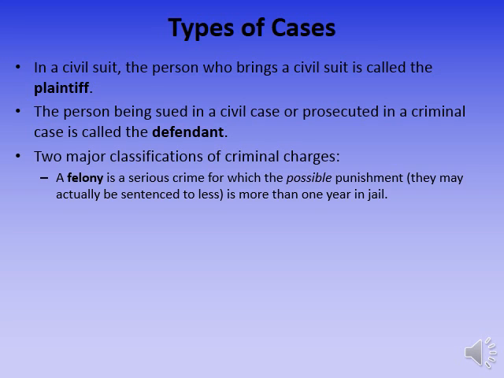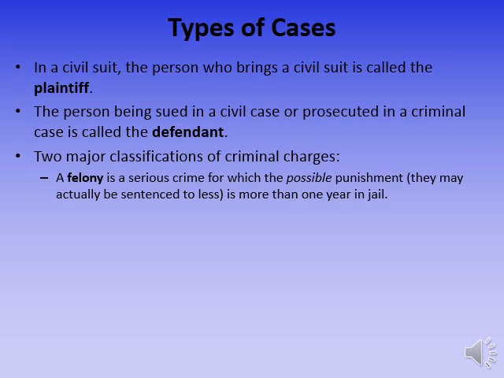So let's say that Billy Bob gets in a bar fight and commits assault and battery, which is a crime, okay? And the jail time for assault and battery can be up to 2 years in jail. But Billy Bob, that's his first offense, so he's only sentenced to 6 months in jail. Well, he's still been convicted of a felony because the possible sentence could have been 2 years. He only got 6 months, but it could have been 2 years. And so that's how we measure how serious a crime is, by the possible sentence that you can get.